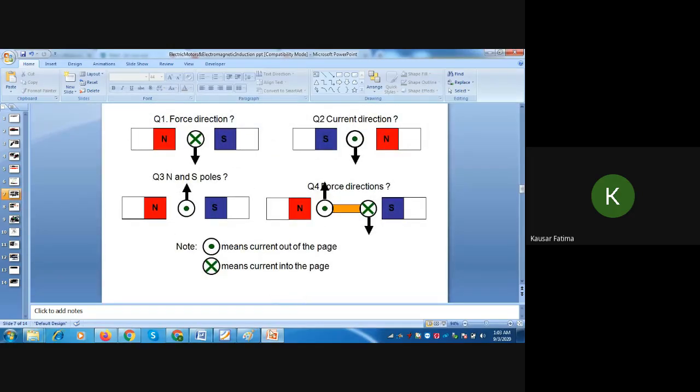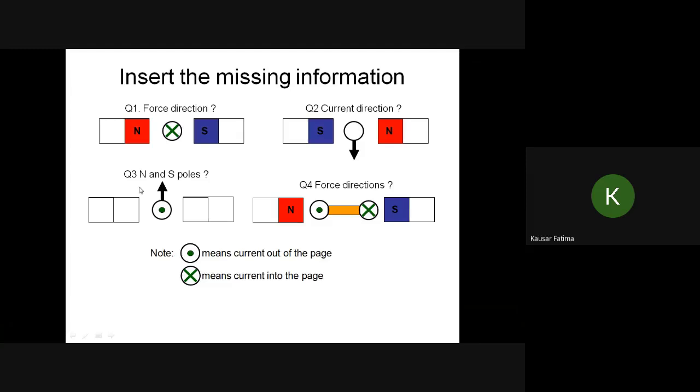So again we can have a look at this. Okay, this one we already filled in, and the force direction: current into, field from north to south, so force is downwards. Here force is given. What is the direction of current with this magnetic field from north to south?